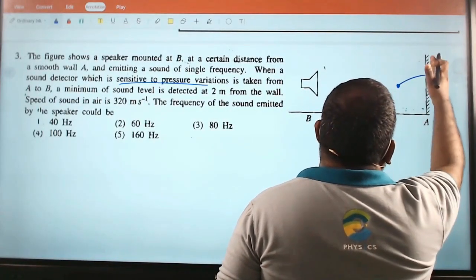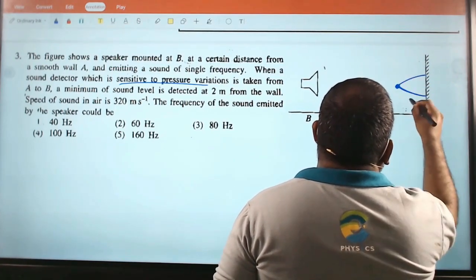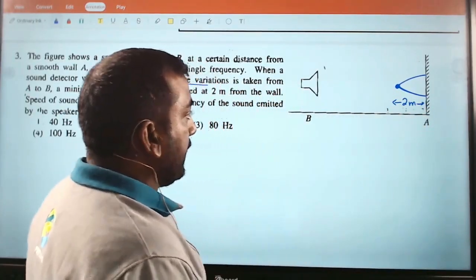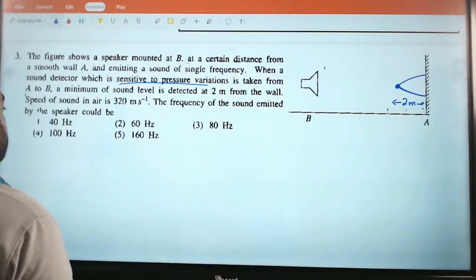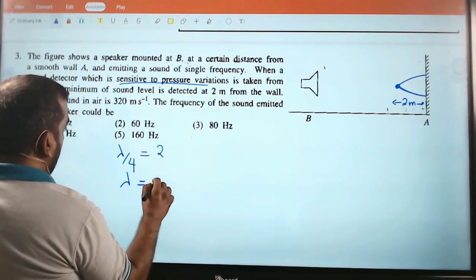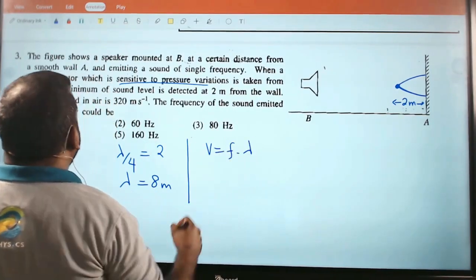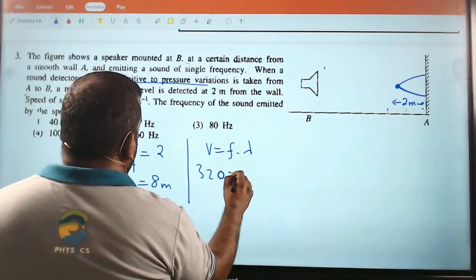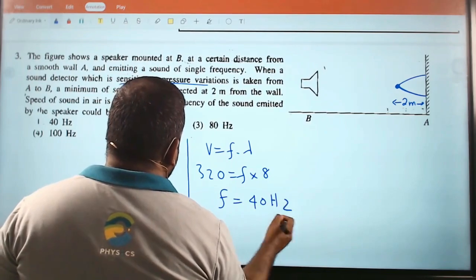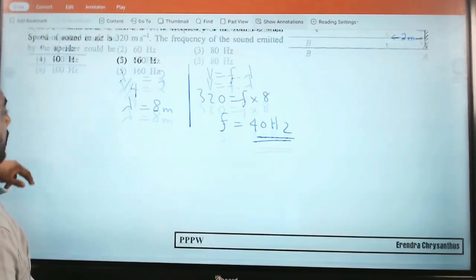This is like your eardrum. Pressure antinode here, pressure node there, 2 meters. So lambda divided by 4 is equal to 2 meters. Lambda is equal to 8 meters. V is equal to F lambda. V is 320, lambda is 8, so F is equal to 40 Hertz. Frequency 40 Hertz, answer number 1. Moving on.